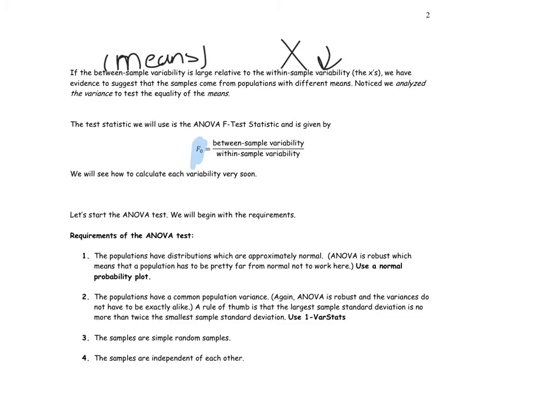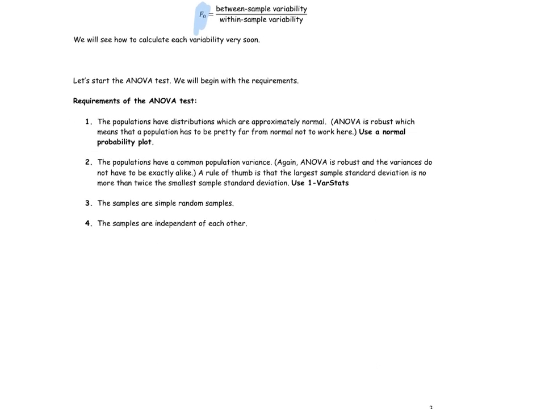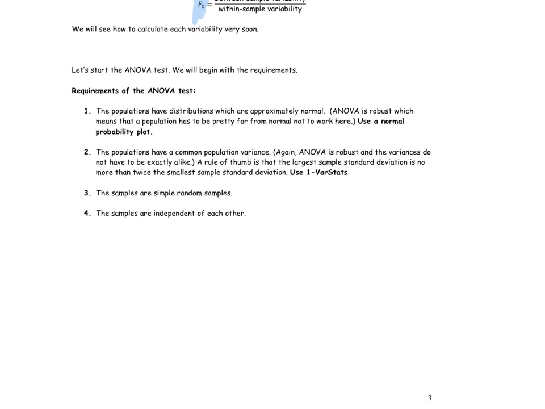Okay, so let's hop on into our ANOVA test now that we understand why we're using the variance to calculate the means. So here are our requirements. The populations are approximately normal, and you can use a normal probability plot for that.